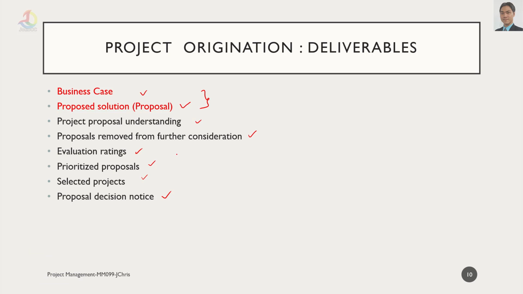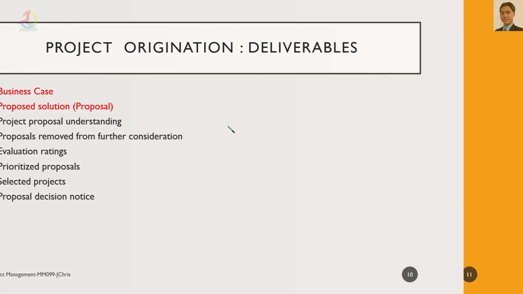If we put ourselves as the project managers, then our main focus is here. We need to create the business case and we need to create the proposed solution so we can pitch it in front of the committee that has the power to say go or no go for the project that needs to be started.